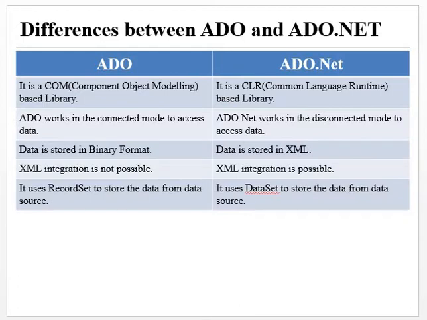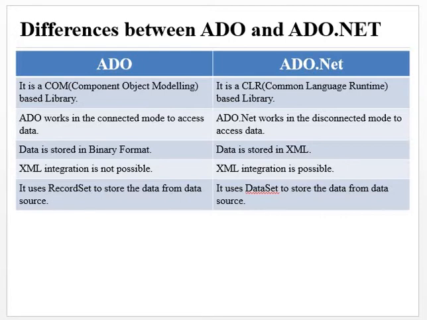Record set and data set. In a record set we can store one table's information from a data source, whereas in a data set we can store multiple tables' information. So this is the basic difference between ADO and ADO.NET.